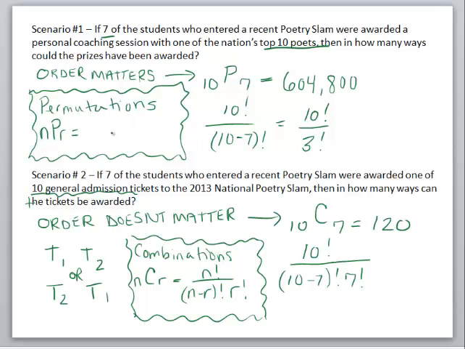This time, it is n factorial just divided by n minus r factorial. So again, let's review. If I have permutations, order matters, and this is my general formula. If order does not matter, those are going to be combinations, and I'm going to use this formula.